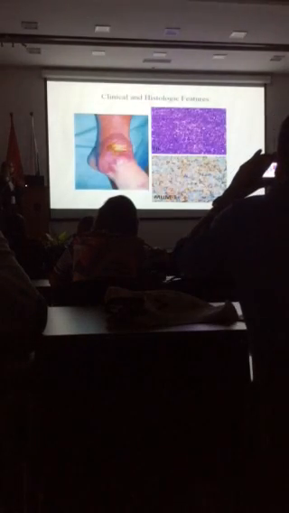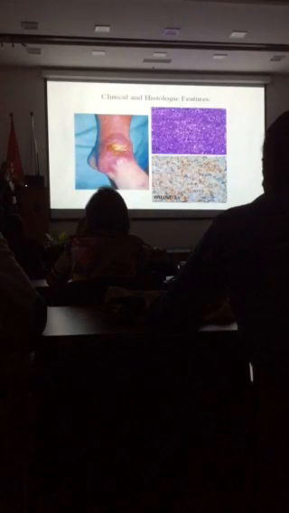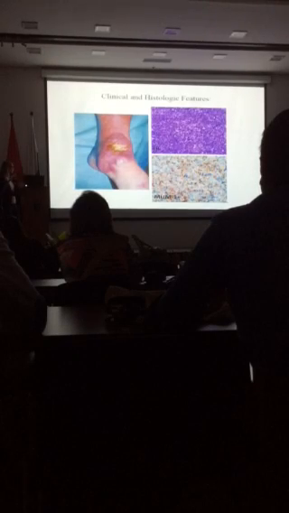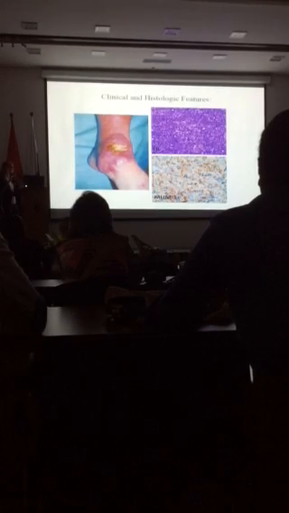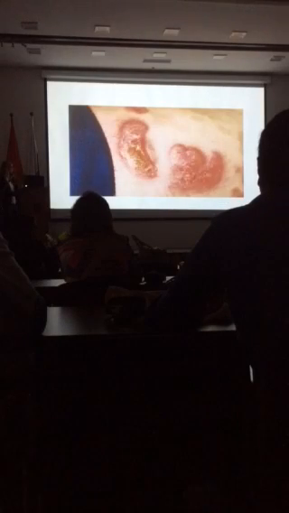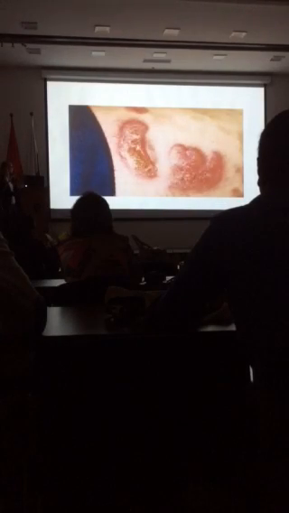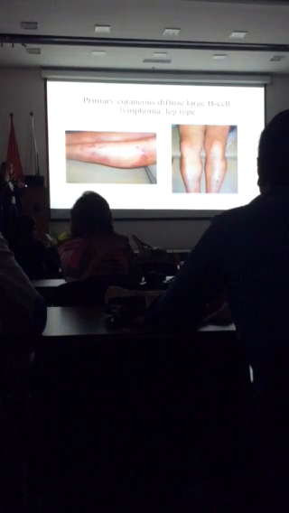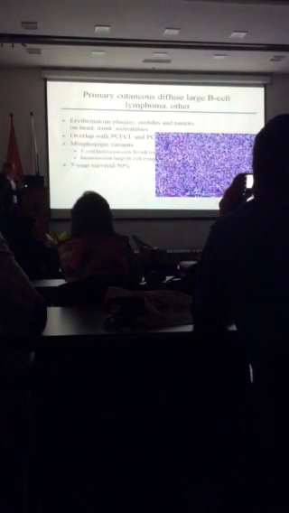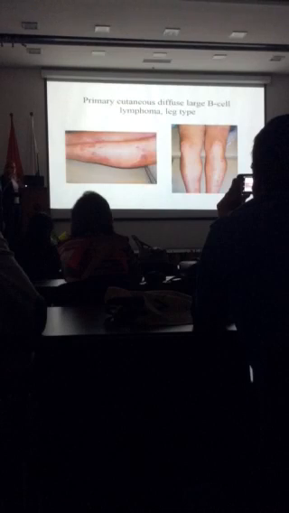This is an example of a patient with a large ulcerated plaque with a dense infiltrate of these large, more large centroblasts. You find many of them express MUM1. It's a close follow-up on this patient again. There's another patient with multiple lesions on bilateral legs. So the leg type can present on other areas.